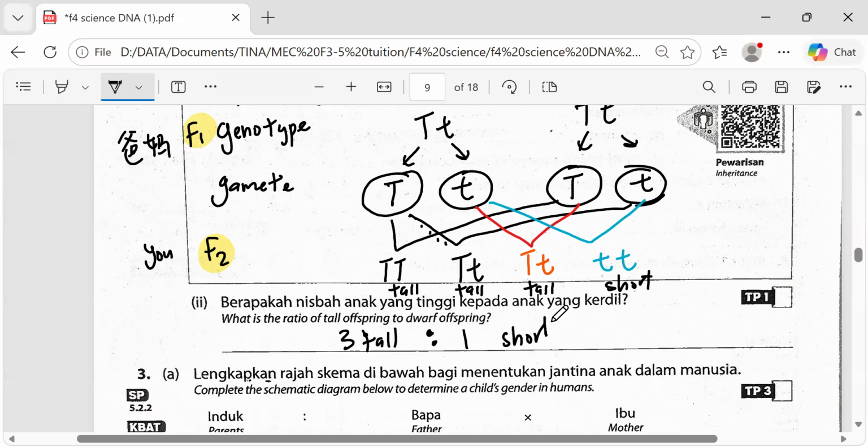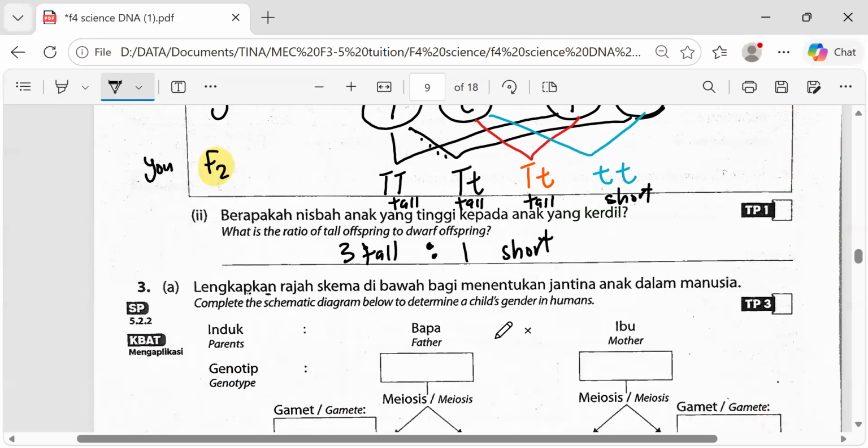Do you know what's ratio? It doesn't mean he has 4 children and one must be short. If he has 4000 children, 1000 are short. Okay, think of every time your mother has a baby, what are the chances of you being a girl or a boy? 50%. Does it mean your mother's first is a boy, the second must be a girl? Not necessarily. Every time she has a child, it's 50% boy, 50% girl. So your mother can have 10 children, all boys, or 5 children, all girls, that's possible. But overall, in the whole world population, generally half are boys, half are girls. Make sense or not?